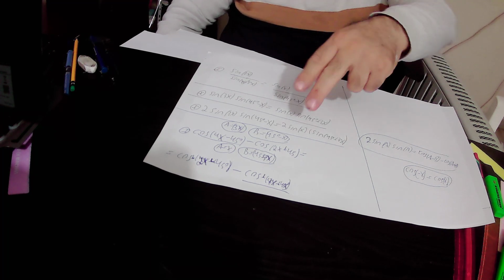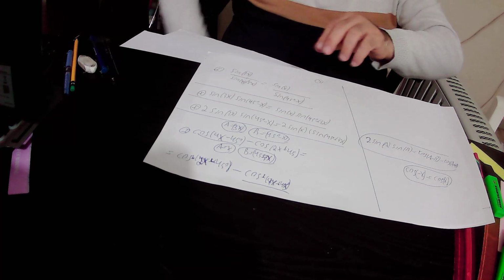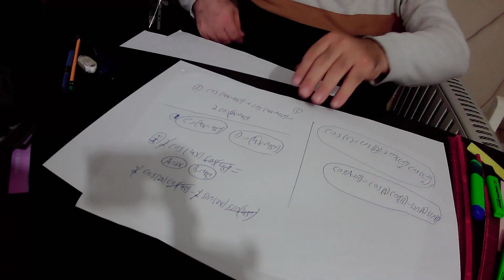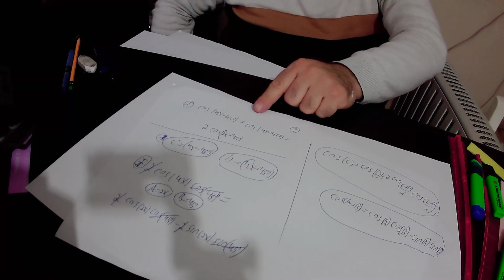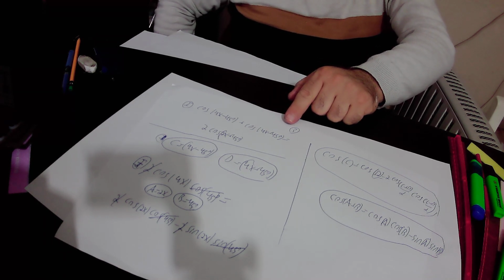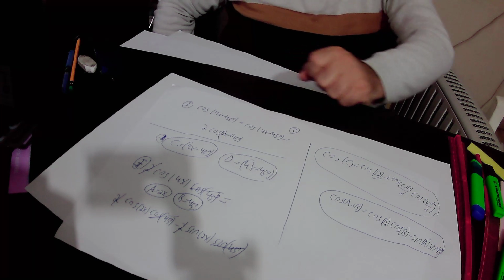Here we arranged the formula, and we got that cosine 4x minus 45 degrees plus cosine 4x plus 45 degrees equals 2 cosine 2x plus 45 degrees.